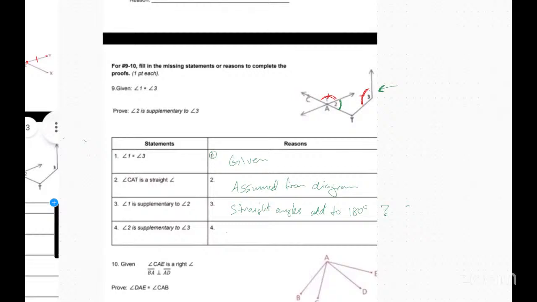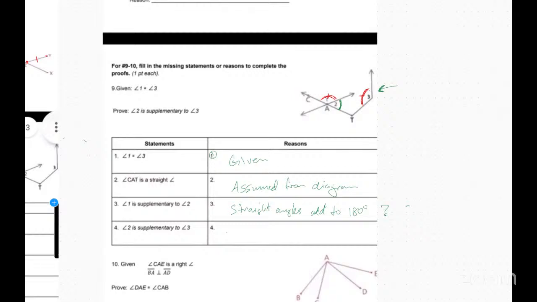You look it up in your notes too, and we'll try to figure out why. Yeah, here it is.